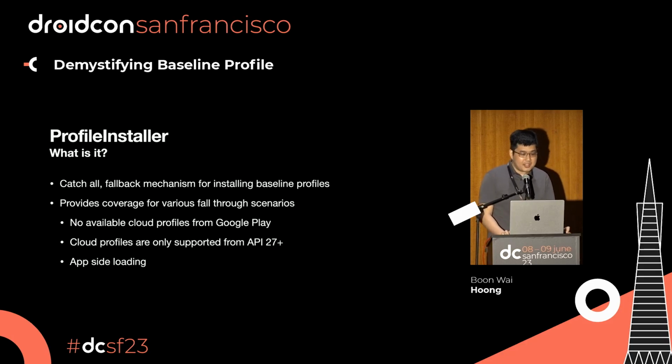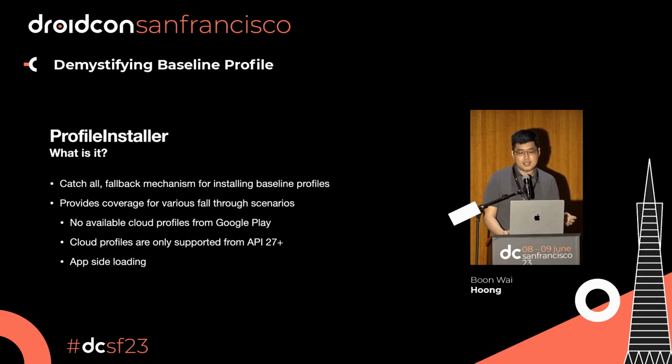So profile installer, what is it? First and foremost, profile installer is a catch-all fallback mechanism for installing baseline profiles. It is the mechanism that catches everything when you have several fall-through scenarios.